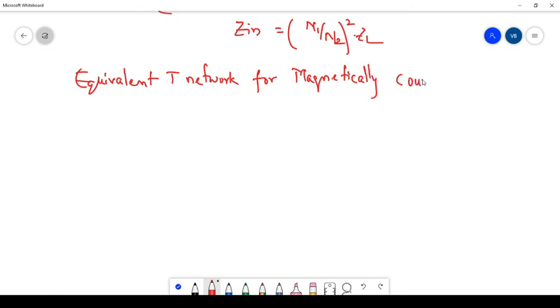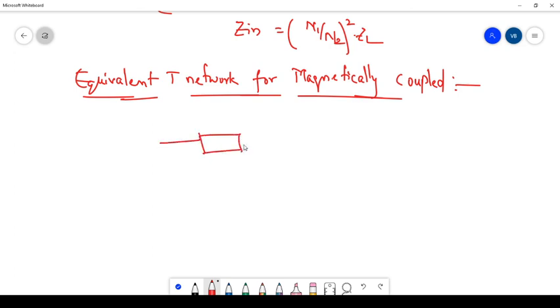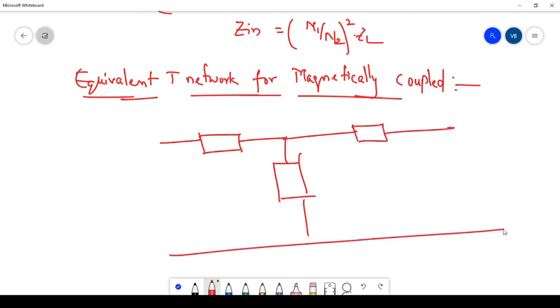This is the last topic in this chapter. So let us take the T network. This is a T network. Wherever two coils are there, we can draw it like this. So here, this is the T network, and these are the impedances we have. Wherever two-port networks are there, you will get this one.